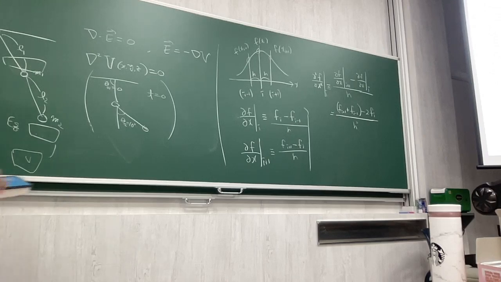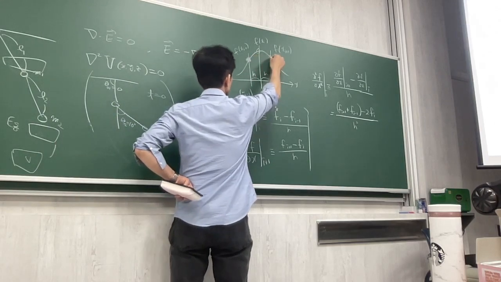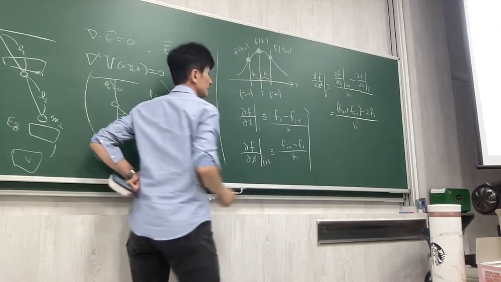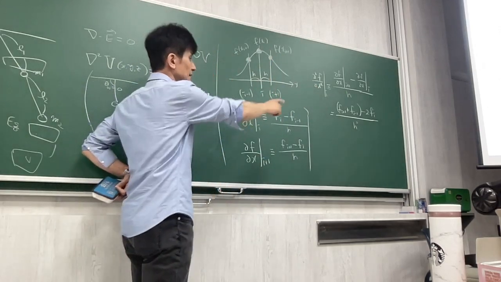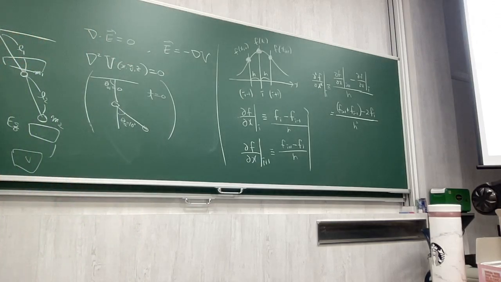So these are just the summation of this data point and this value, minus twice the value at the center, divided by h square, which is the square of the sampling interval.